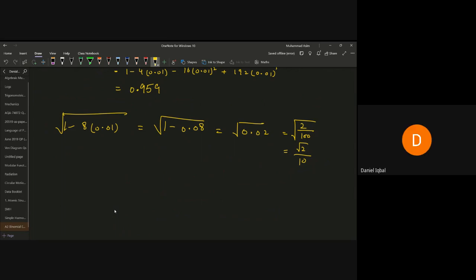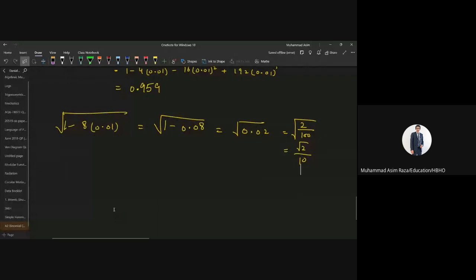Oh, it says that's not the right answer. Really? Wait a second, let me check it again. It says to write in the form square root a over b. Can you do the calculation in the calculator? 1 minus 8 into 0.01 is 0.08, and 1 minus 0.08 is equal to what?